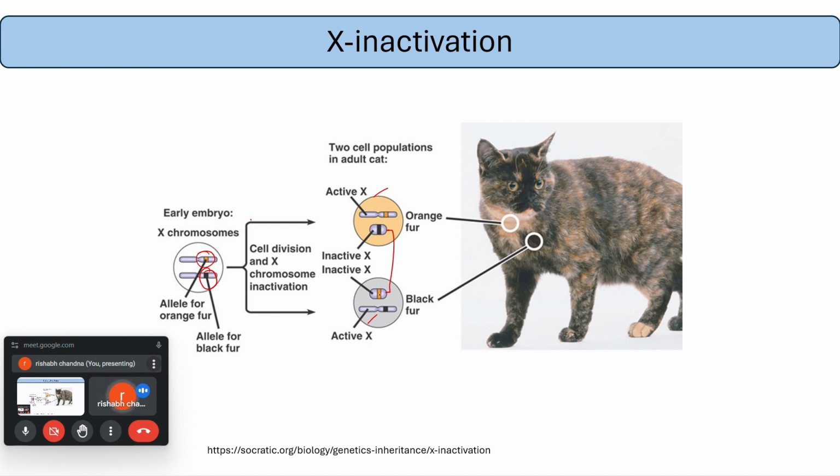Which chromosome becomes inactive? For example, here the orange fur one becomes inactive and here the black fur one becomes inactive.